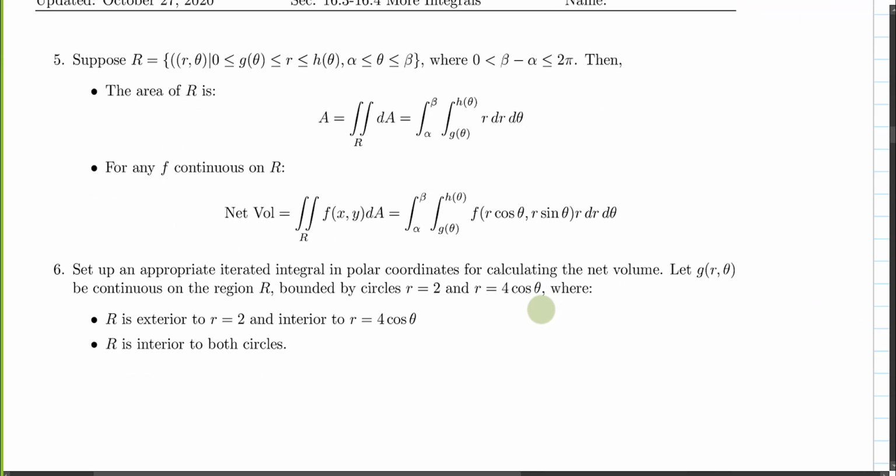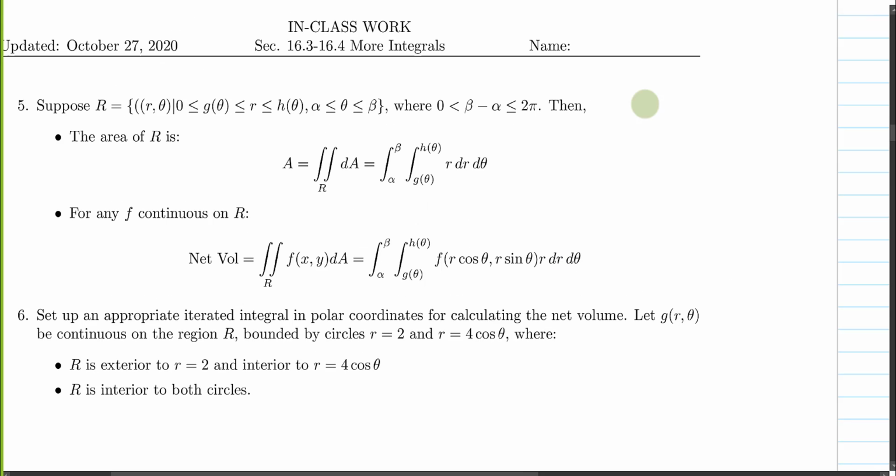Okay. So just like we saw before, we started off in our rectangular coordinate systems by only working with a region that could be described by a true rectangular region. And then we said we'd like to do this for more general shaped regions. We can do the same thing here where we imagine our region looking something like this.